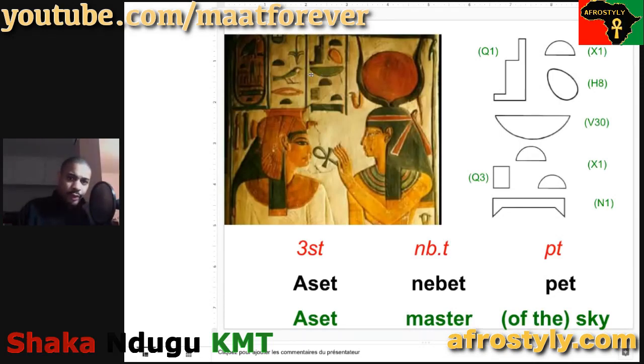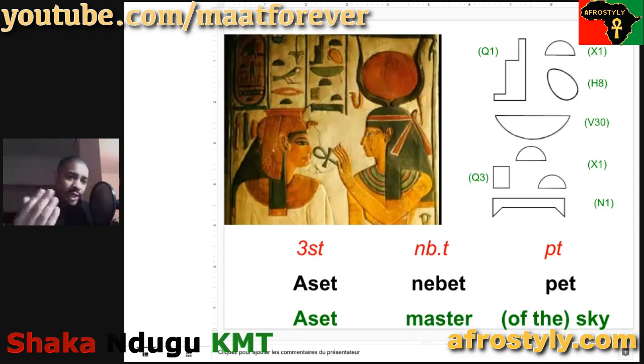Second word, Nebet. That's the feminine of Neb. Neb can be translated as Lord or Master. Remember, I don't know if I showed it to you, but Neb Tawi comes very often. Tawi is the dual, translated with the W and Y, that's the dual.